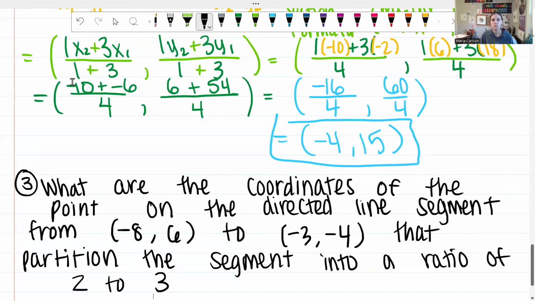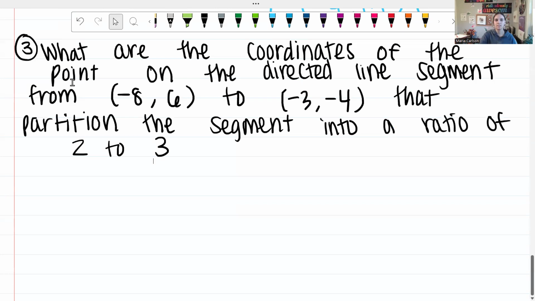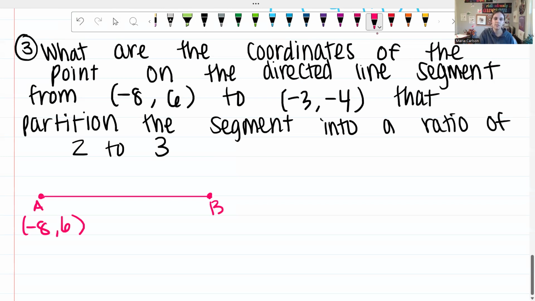All right, so this doesn't even really give a name to the segment. We just have these 2 points. So if I wanted to, I could call them A and B. A is the point negative 8, 6, and B is the point negative 3, negative 4. And we have this ratio, 2 to 3.